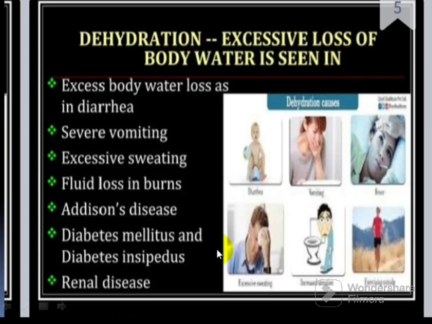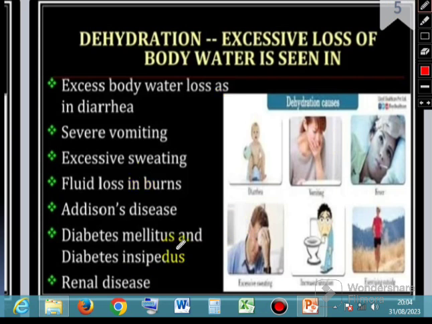So one of the most common causes of dehydration is diabetes insipidus. Okay? You get to know that later on in endocrinology and renal physiology. All right.